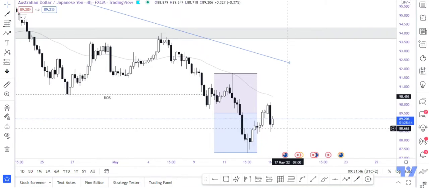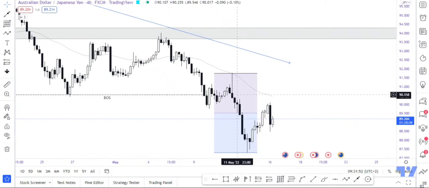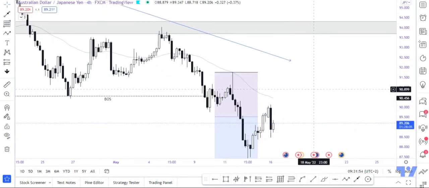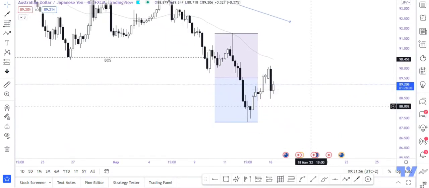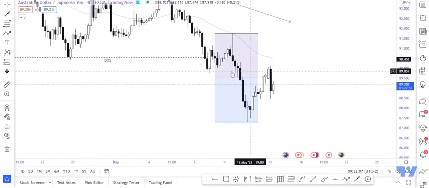And the discount level is the lowest price you can get in the market, and it's important when you're looking to take a buy. Now that we've identified the premium and discount level in the market, we can go to the premium zone and look for an area inside that zone that will signify an area of interest that we can potentially take a sell from.